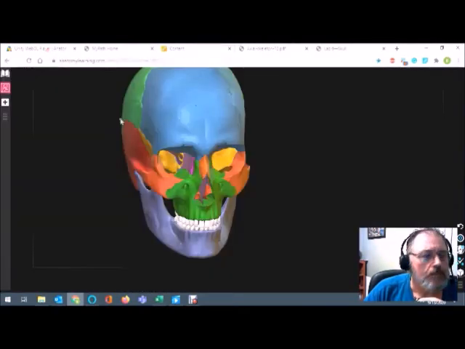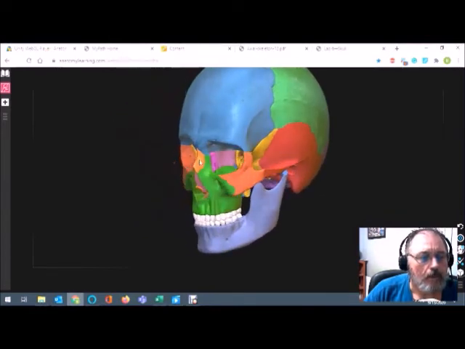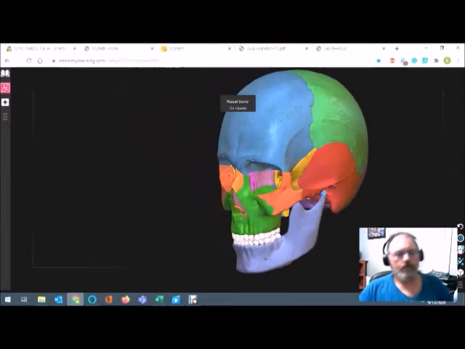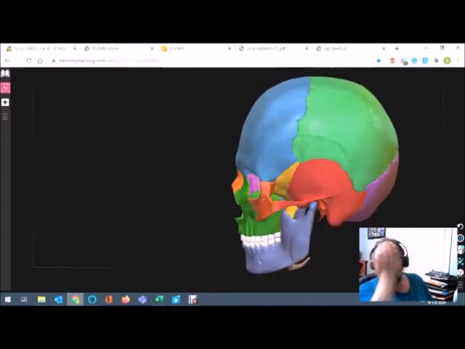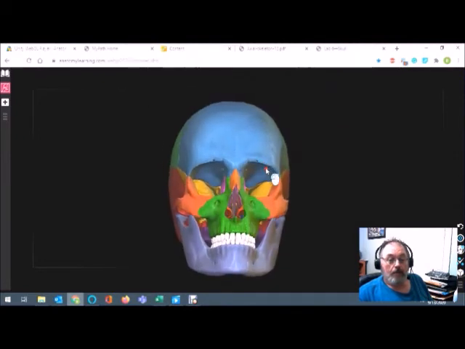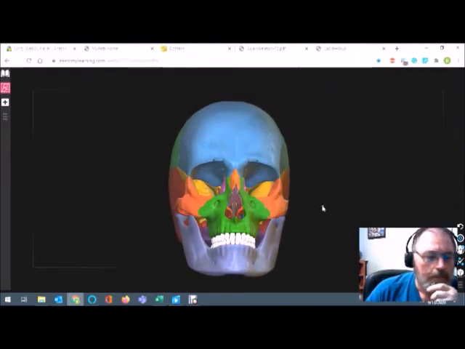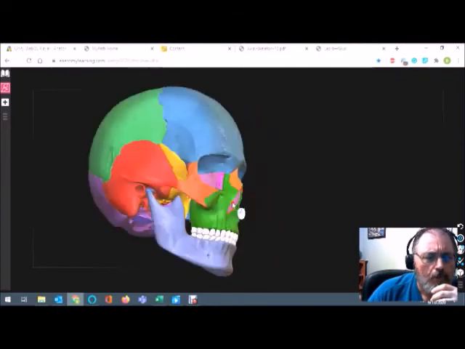Now, the nasal bones are these two guys right here. And those bones kind of make up the bridge of the nose. If you've ever heard people say that you could kill someone by hitting them really hard in the nose, this is what they're talking about, because this, again, has not got a heavy attachment, and the bone is really, really thin right here, so you can hit someone here and actually shove those up into the brain and lacerate the brain, basically performing a lobotomy on them, or prefrontal lobotomy.